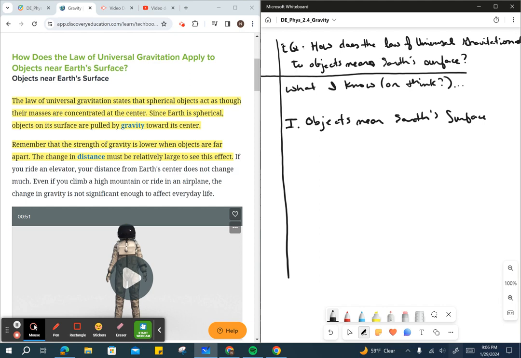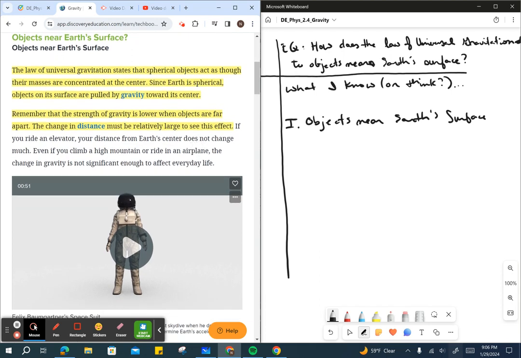So, we've talked about this, and you can take a look at these first couple paragraphs here in the text. The law of universal gravitation states that spherical, that means round, objects act as though their masses are concentrated at the center.